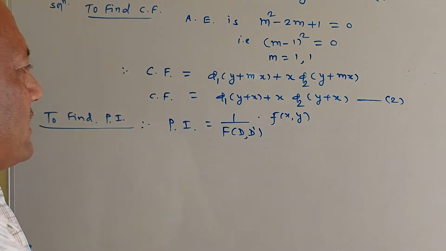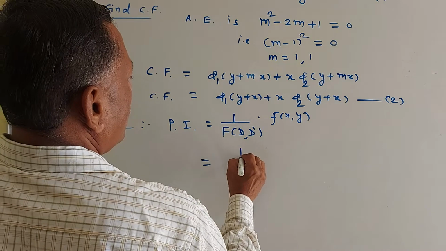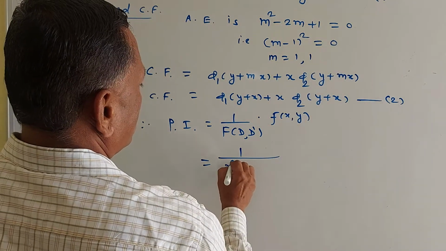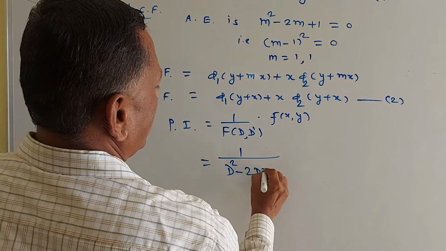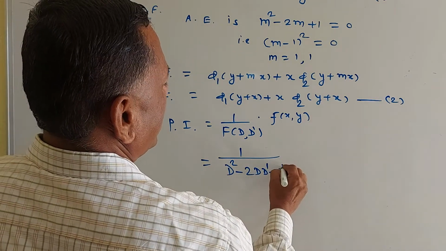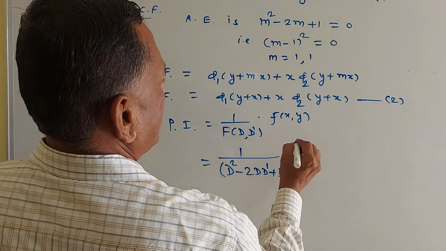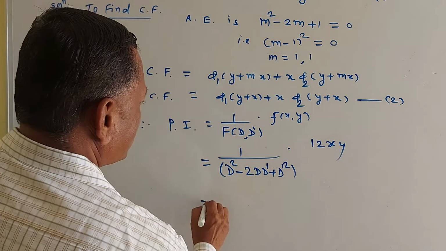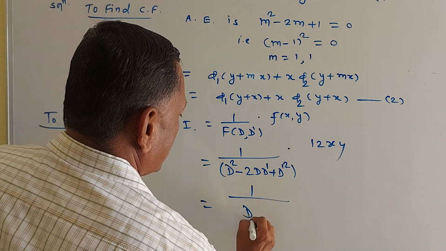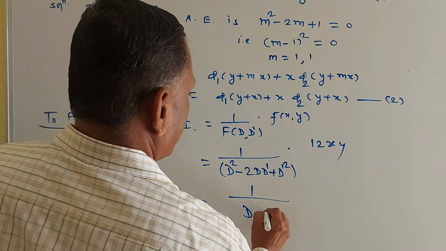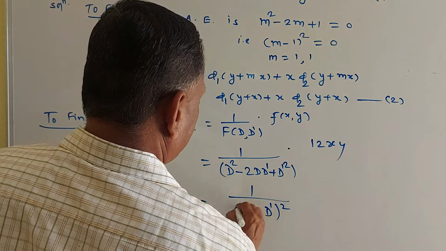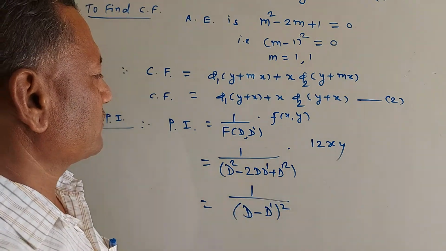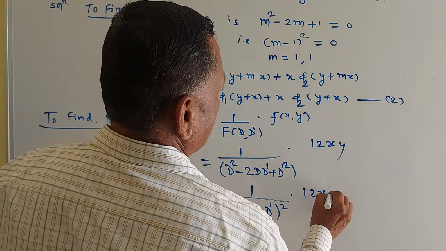F of x, y is 12xy, so it is equal to 1 upon D square minus 2 D D dash plus D dash square, and F of x, y is 12xy. Again this can be written as 1 upon D minus D dash whole square, the expansion of which is D square minus 2 D D dash plus D dash square, into 12xy.